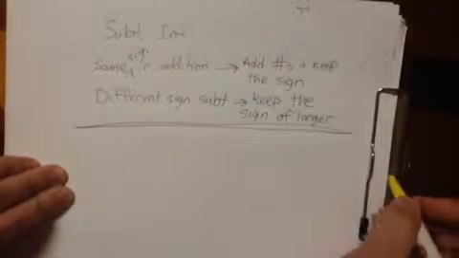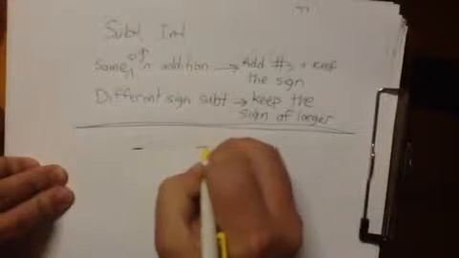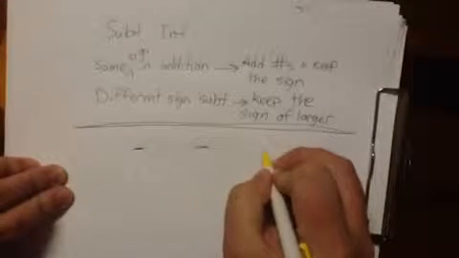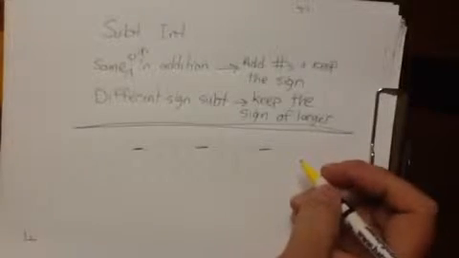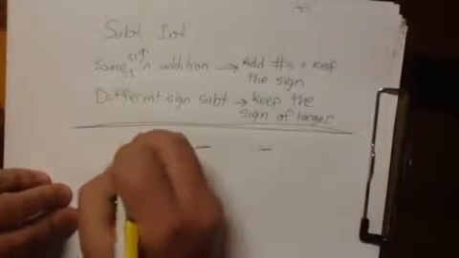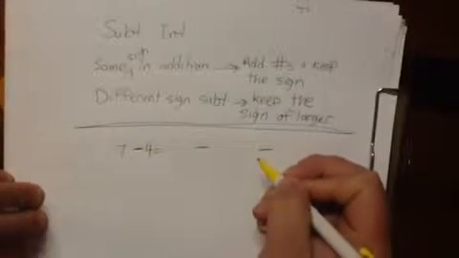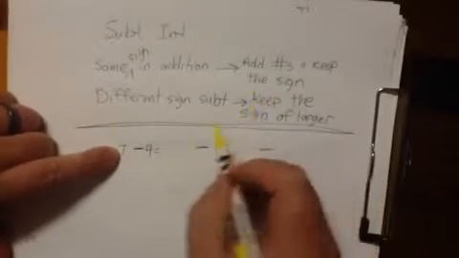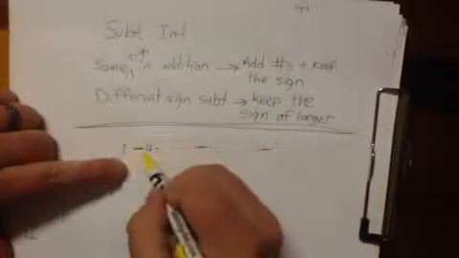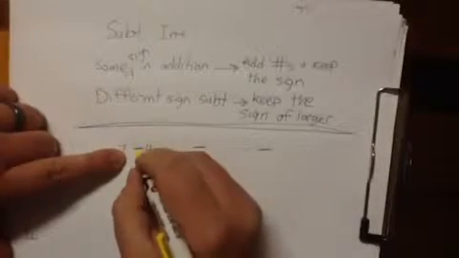That's what I mean. So we are dealing with subtraction problems now. What if you have 7 minus 4? Easy situation. You've been doing this your whole life. The signs are different. So you've got a 7 and a 4, but this 4 is negative.